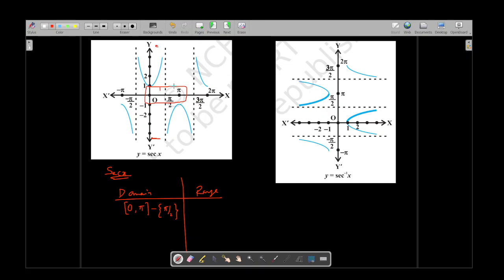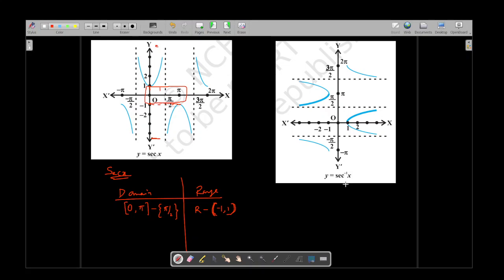So the range of secant x is, interestingly, the real numbers except the values between minus 1 and 1. It includes minus 1 and plus 1, but not any value between them. So this is my range.